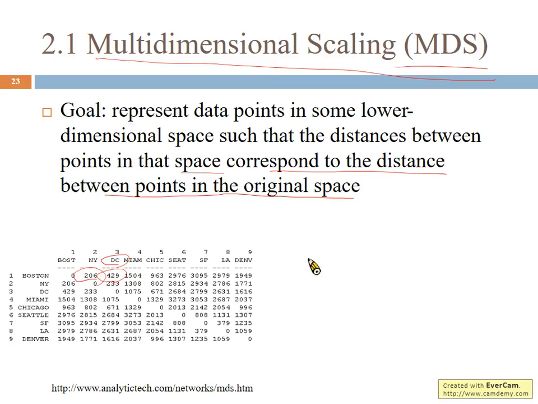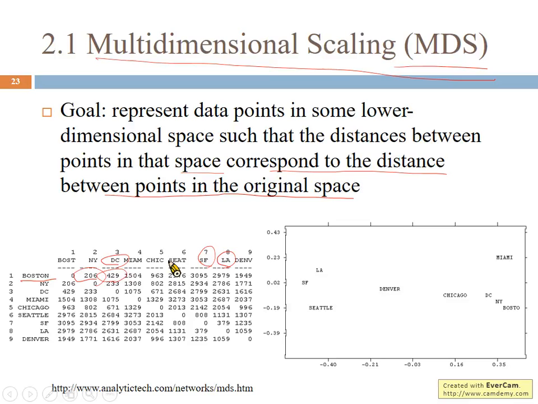Given this distance matrix, we want to find a lower dimensional representation where we still can describe the distance relationship between these cities. From the data set, we know that Boston is close to New York and DC, and it's far from LA and San Francisco. So we also want to have such relationship in the lower dimensional space.